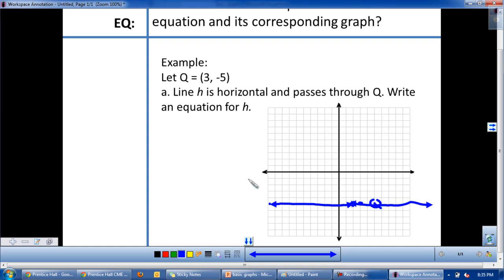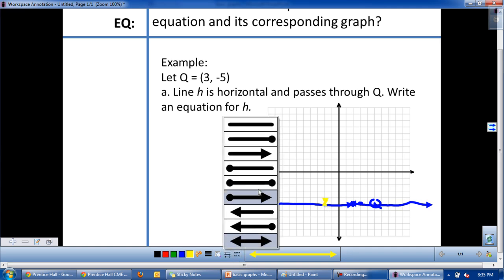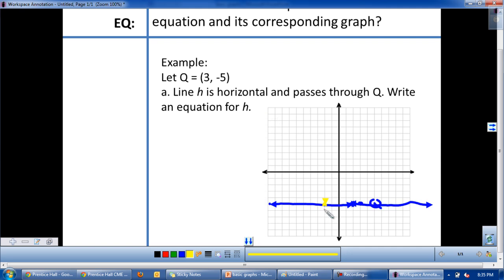What we want to do is pick some points that are on this line. Let's pick this point right here, and let's find the coordinates for that point. Well, let me see. 1, 2, negative 2, negative 5.